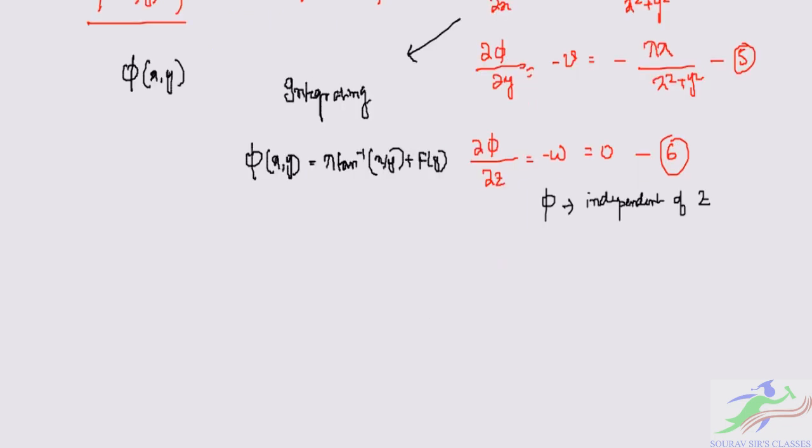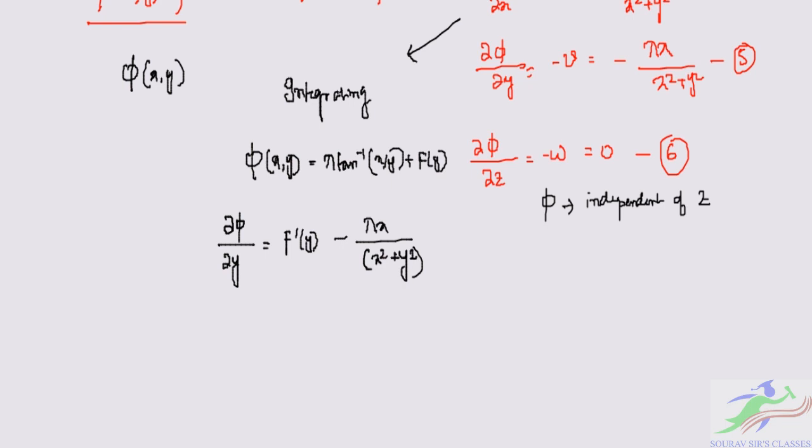If we do the partial differentiation of this with respect to y, then we will have f prime y minus lambda x by x square plus y square.